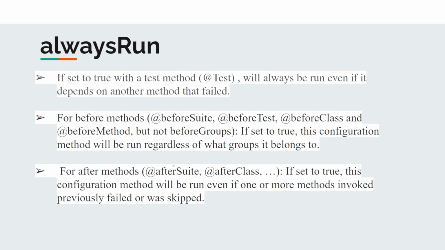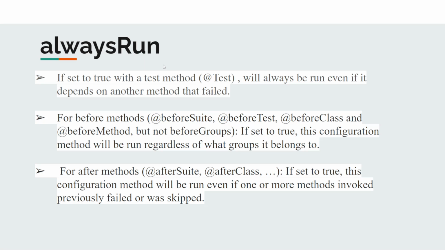Similarly, if we use alwaysRun as true with after methods, like afterSuite, afterClass, and afterMethod, it will be invoked even if a previous method failed or was skipped. We'll see the use case of alwaysRun.